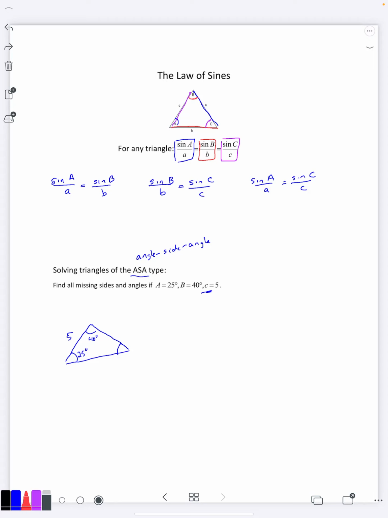And this is why it's called angle side angle: you know one of the angles, you know the side, and then you know the next angle. Now we're going to use this in order to solve for all the missing sides and all the missing angles for this triangle. This is called solving a triangle. If you were to set up your law of sines right now, you'd have a problem because you have one side, two angles that you know.